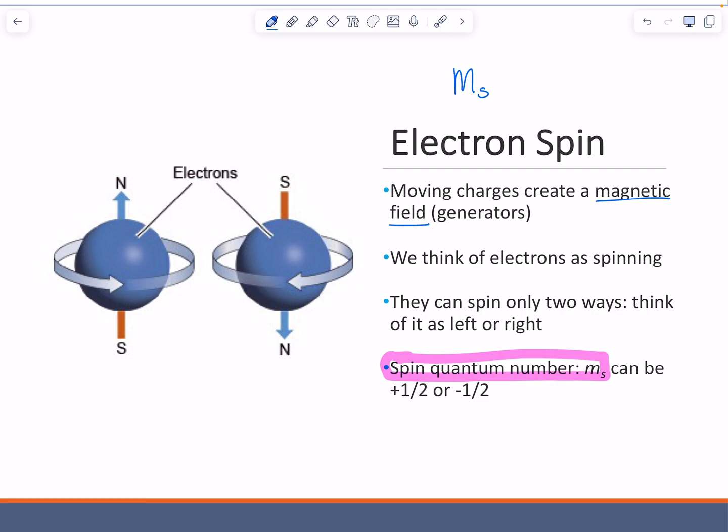All right, so this electron shown on the slide has an up spin, and this one has a down. So we've got two possible spin states.